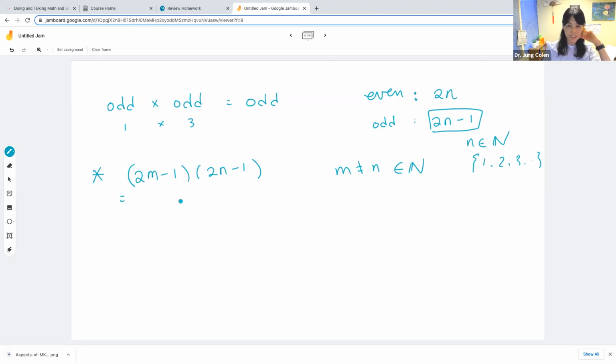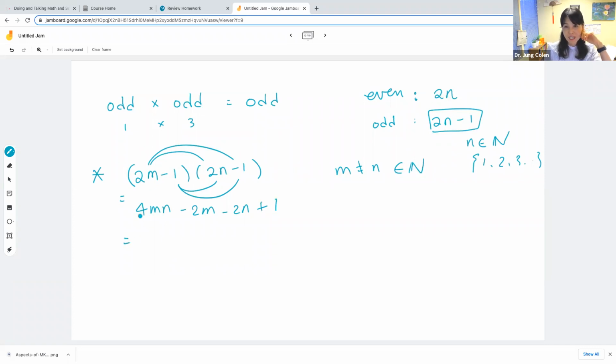Now let's multiply them. To multiply this, we can use the distributive property there, right? So 2m times 2n is 4mn. 2m times negative 1 is minus 2m. Minus 1 times 2n is minus 2n. Negative 1 times negative 1 is positive 1, right?